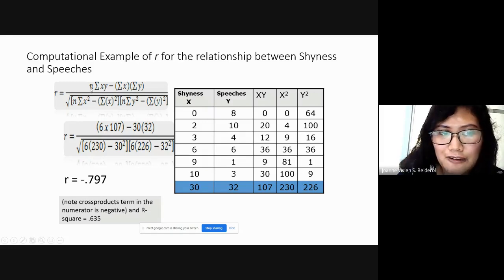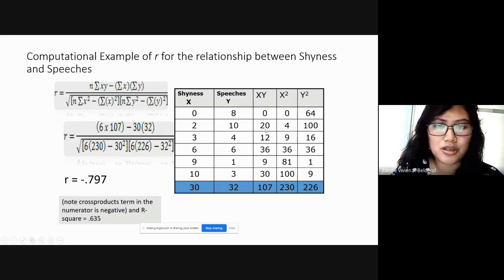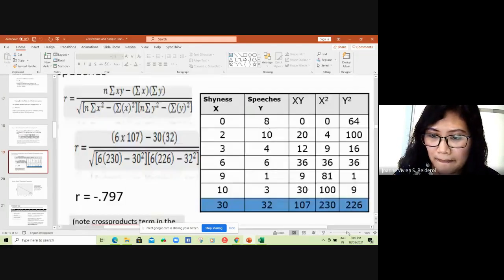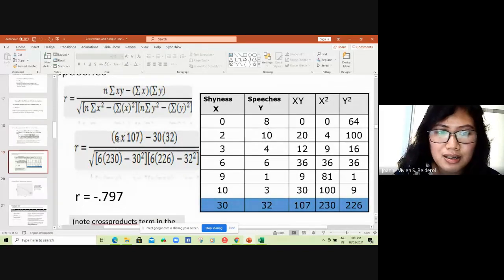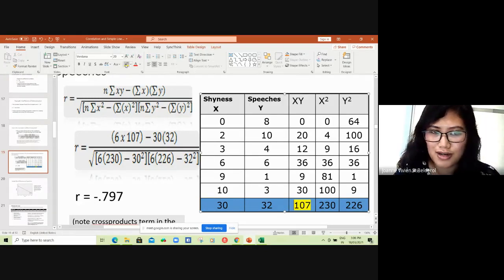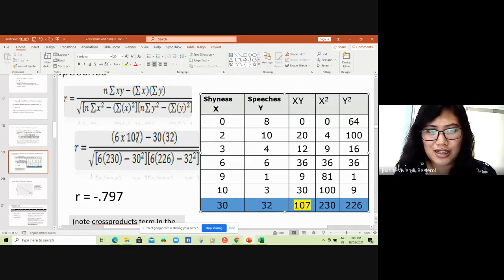Times the summation of xy, the total of this column. That's why it is 107.